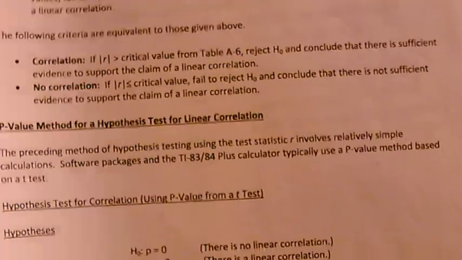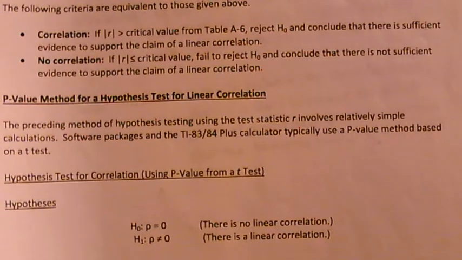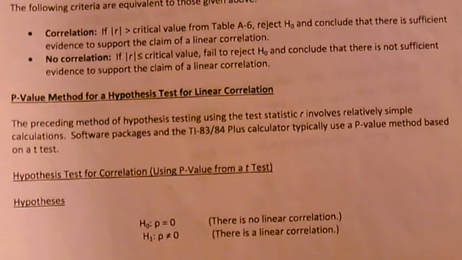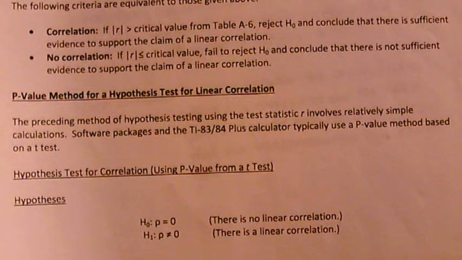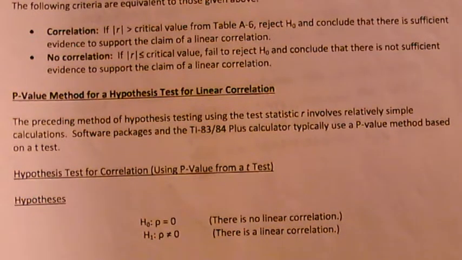And then next we'll look at the p-value method. Now the p-value, we can easily use the graphing calculator to do that. It'll be much easier to use that graphing calculator to find that p-value of a linear correlation when we do the linear correlation coefficient.